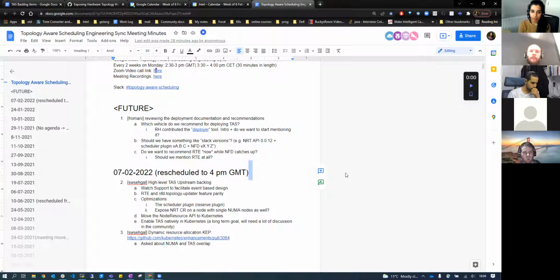I think items D and E, the last two, tie nicely with the dynamic resource allocation KEP, which is the next item, because one way to address them could be, at least partially, using the dynamic resource allocation KEP or an extension of it.